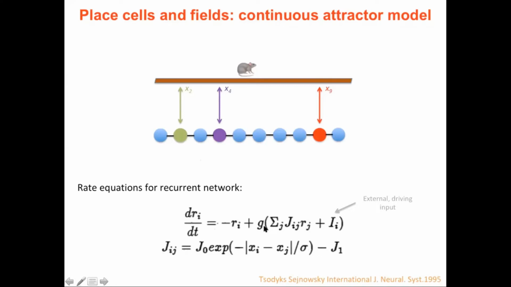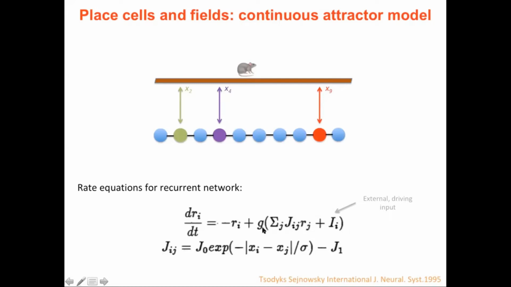But the cell is also receiving some inputs corresponding to, let's say, external driving force here, Ii, maybe external stimulus like visual stimulus, sensory stimulus, and also some recurrent current coming from the activity of the other cells, which are weighted by the synaptic coefficient Jij. So you see that depending on frequency Rj, then multiplied by Jij, then we sum over all the j's, which are all the other cells in the network, and there will be a nonlinear function here, typically a linear threshold function. That means if the argument here is below some threshold, then nothing will happen.